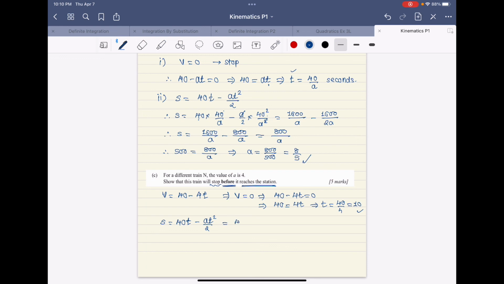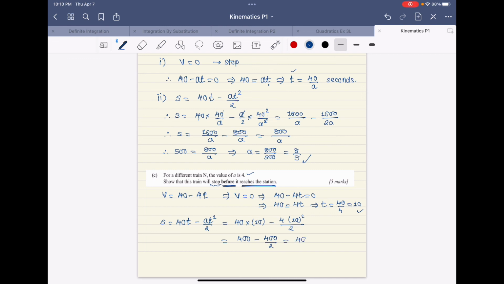So 40 will remain as it is. t value we found out as 10, minus a is given as 4 into t value 10 square over 2. 40 into 10 is basically 400. 100 into 4 is 400 over 2.